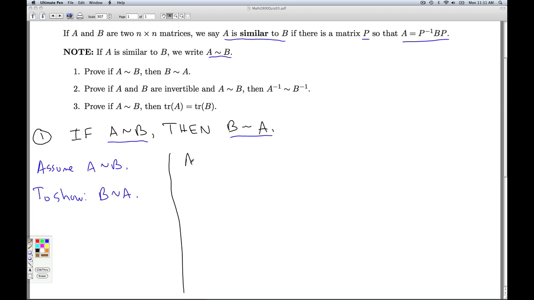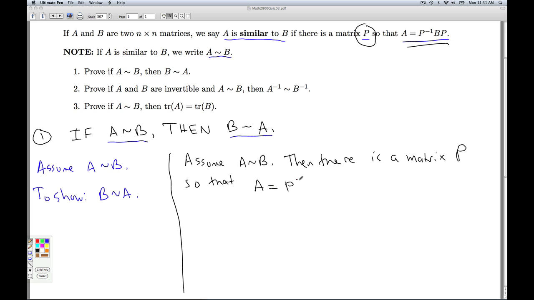That's the overall schematic of this proof. So let's assume A is similar to B. What does that mean? By definition, there's some matrix P so that A equals P inverse BP.